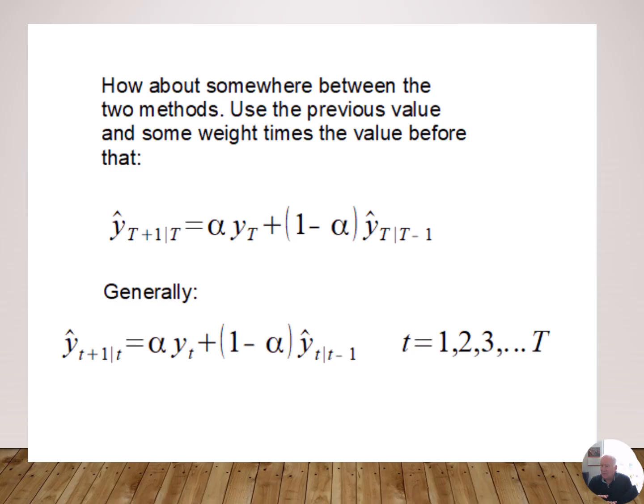So in general, our predicted value at t plus 1 is going to be a function of our last value at t, and 1 minus alpha times our last predicted value at t. And t goes from 1 up to T data points.